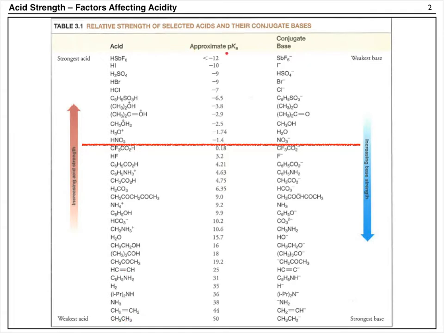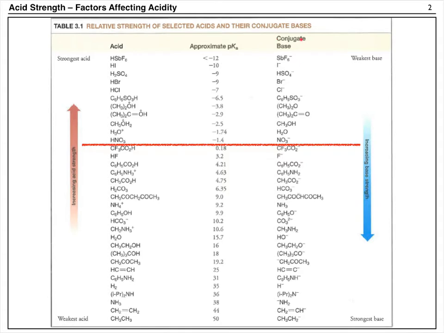In column 2 is the approximate pKa. So for the strongest acid listed, it has a negative pKa number, negative 12. If we scroll down, the weakest acid at the other end of the spectrum has a positive value at 50. So we're dealing on a scale of about negative 10 to 50.